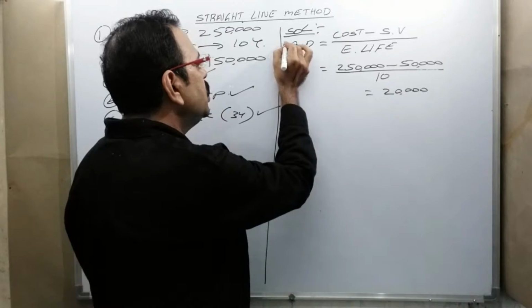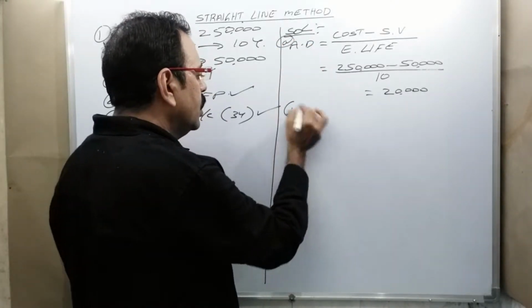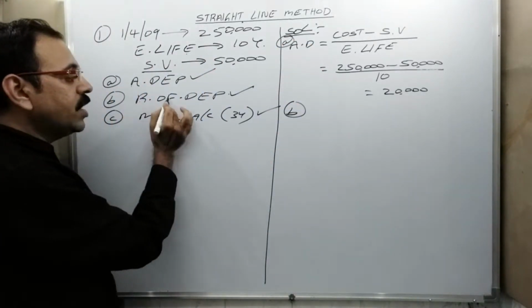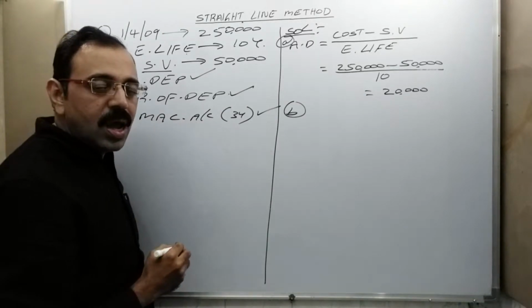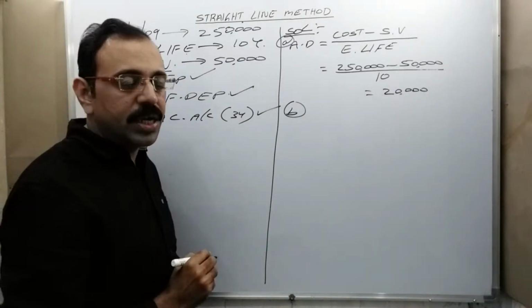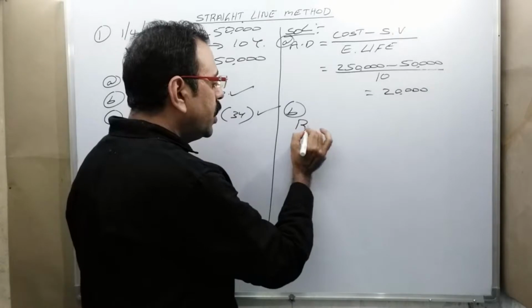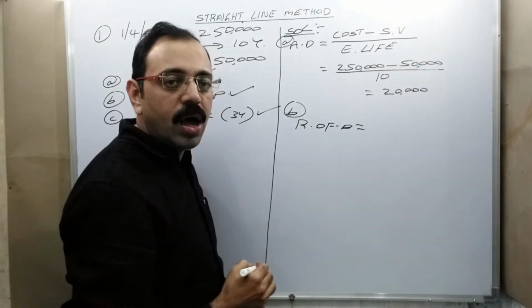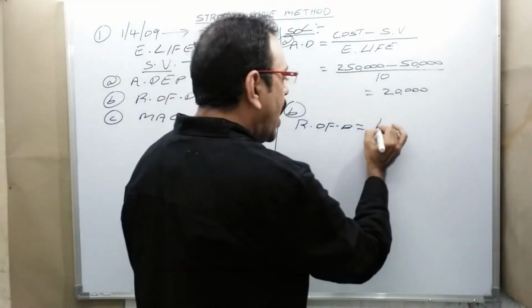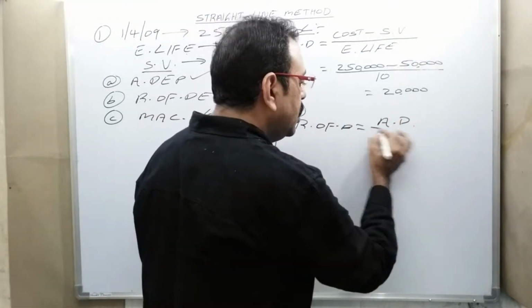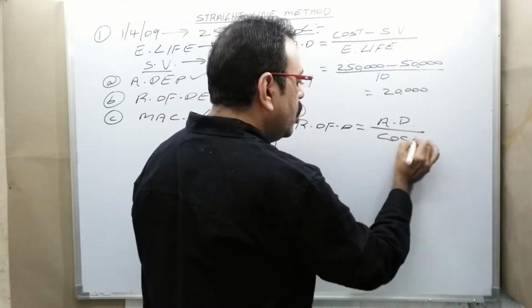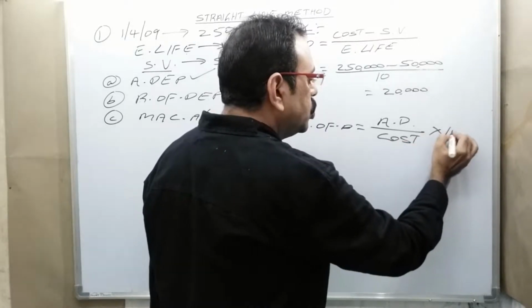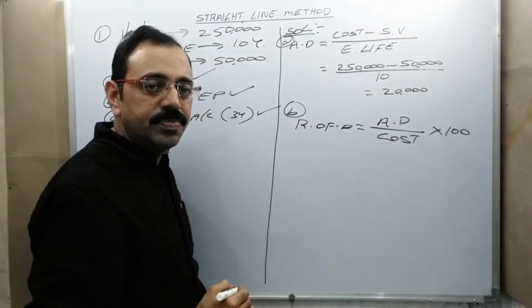Now, second question is what? He is asking us to calculate rate of depreciation. Under fixed installment method, to calculate rate of depreciation, there is a formula. That is annual depreciation divided by cost into 100.